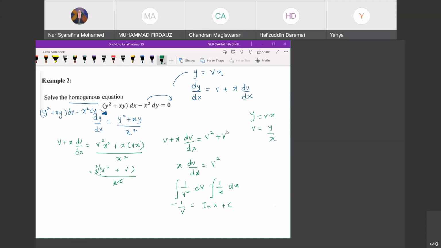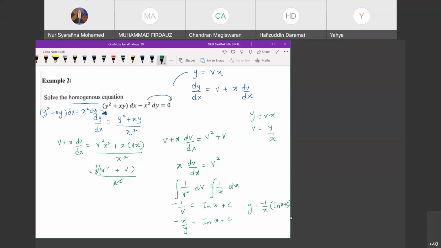So here you should have minus x over y equals to ln x plus c, and hence y equals to minus x over (ln x plus c). Okay, clear? This is how you solve a homogeneous equation.